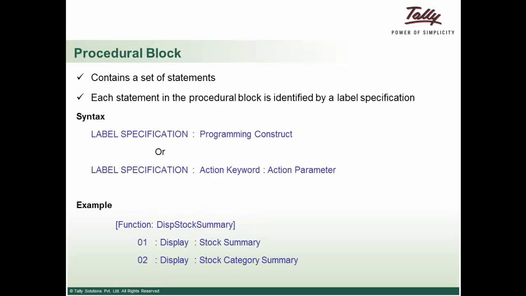Now starting with the procedural blocks. It is just a set of statements, and each statement is identified by a label. A label can be any alphanumeric, but generally programmers number it 0, 1, 2, 3, 4, 5 depending upon the requirement.